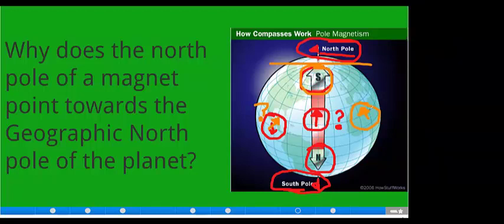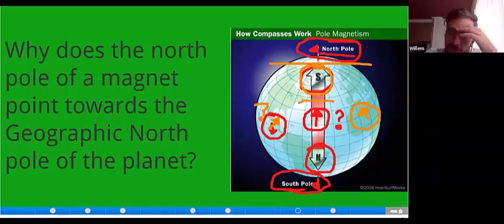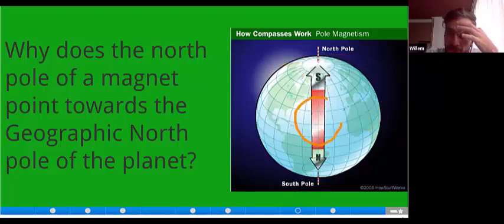Yes. Do you understand why? Remember when you look at a compass, that needle is magnetized. So it's almost like its own little magnet.